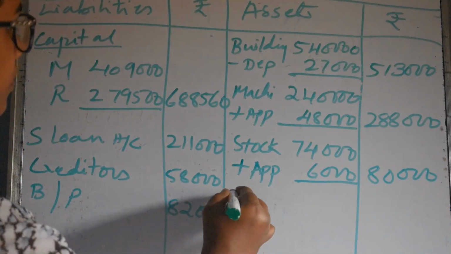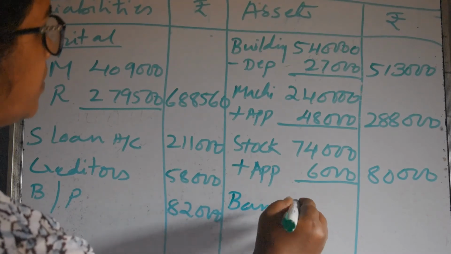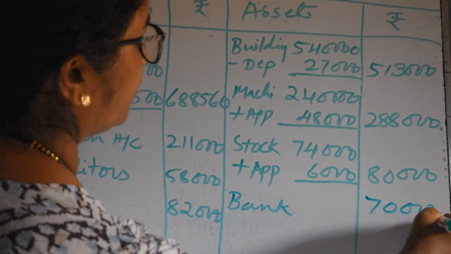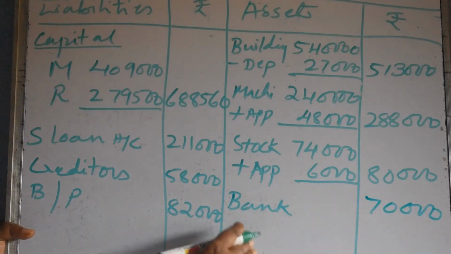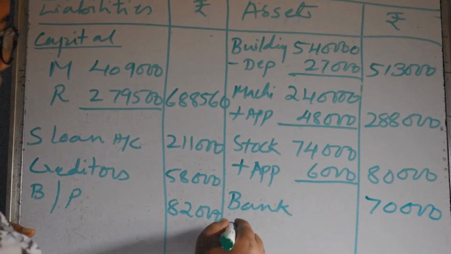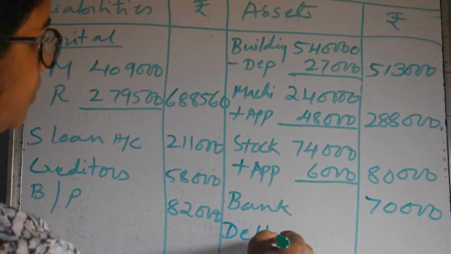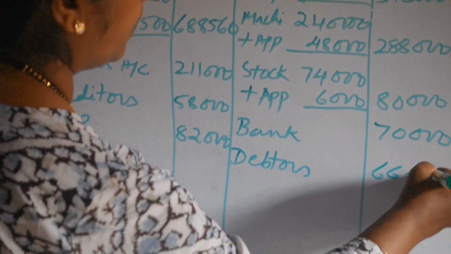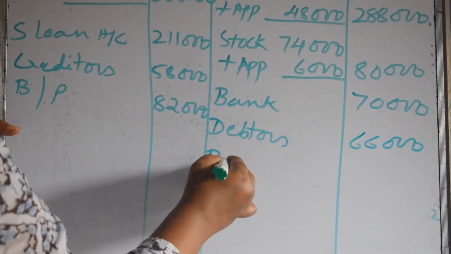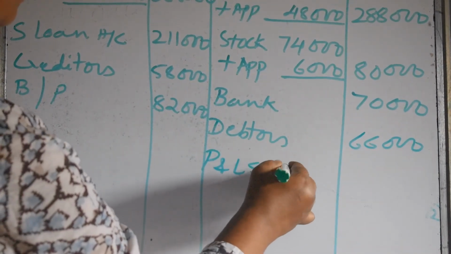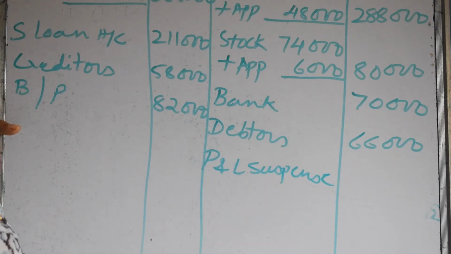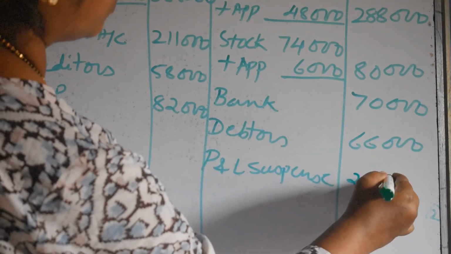Bank: no adjustments are there, so directly in the outer column. We have paid the bank, and if cash is not there, it will go minus from here, so here no adjustment. Debtors also no adjustment. Here, scoring is there, adjustment is there, take it directly. And the profit and loss suspense account that we calculated, without fail you have to bring it here. 25,000.